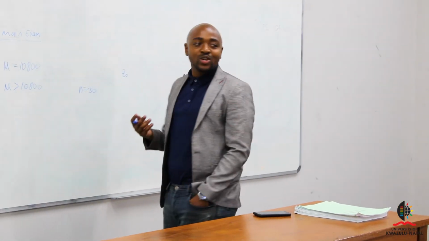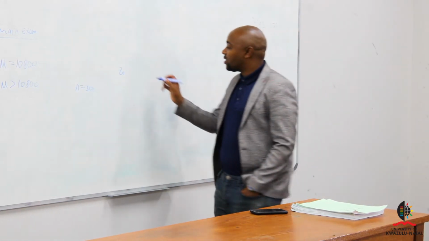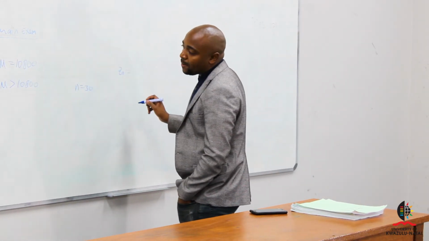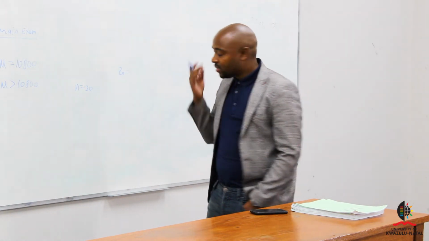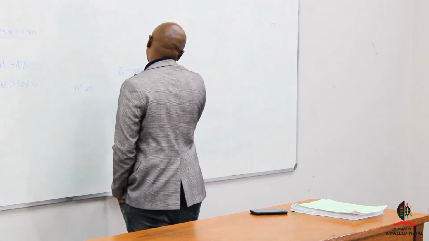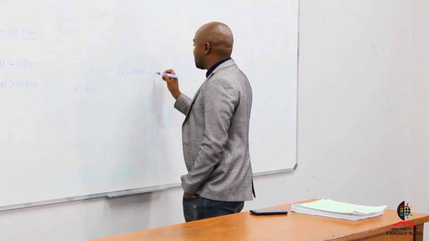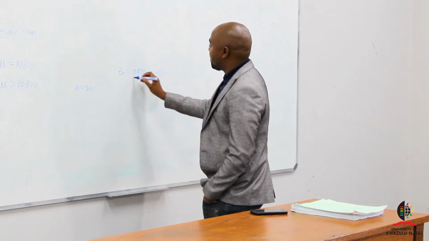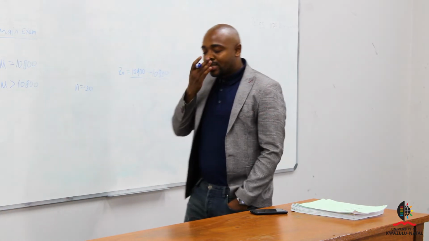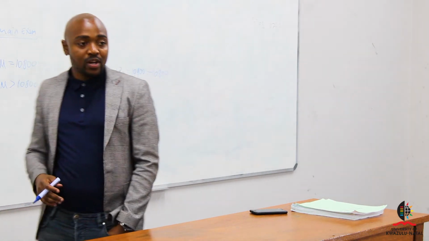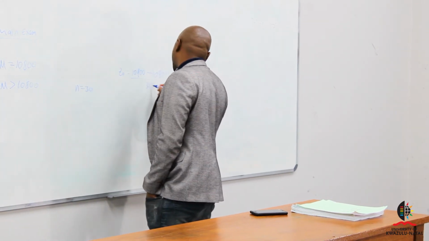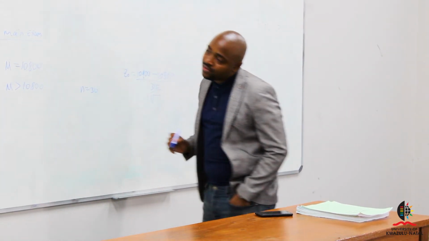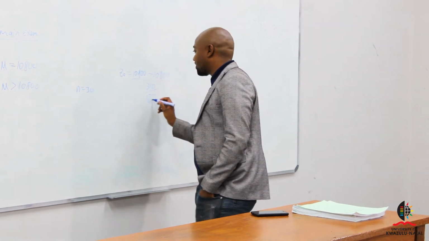Okay, n is greater than or equal to 30 and variance is known. Okay, so X bar is? What is your X bar, your sample mean? What? Minus? All divided by? Now what is the standard deviation based on the population? You said it's known, so it is? 310 all divided by the square root of 30.